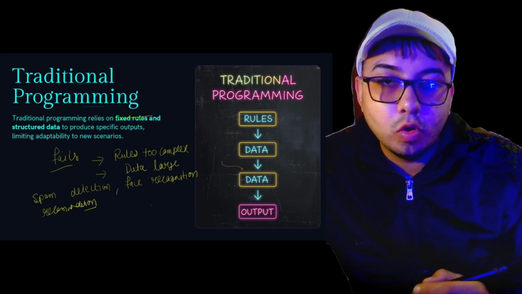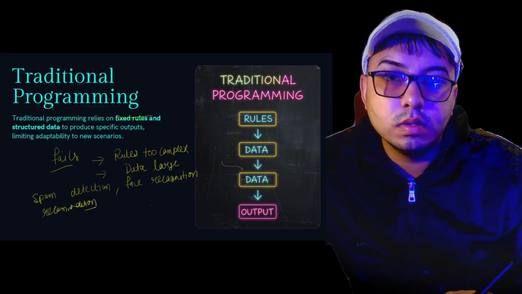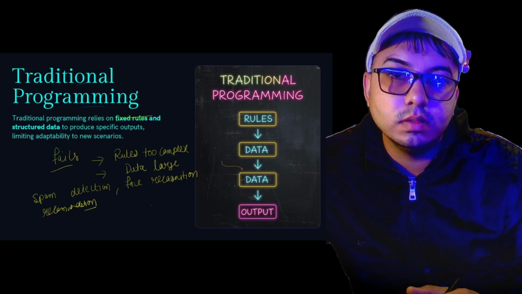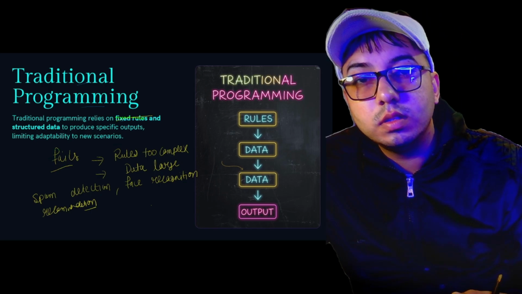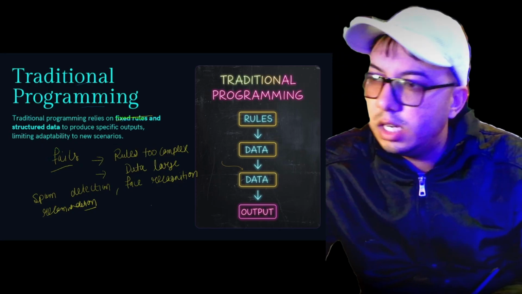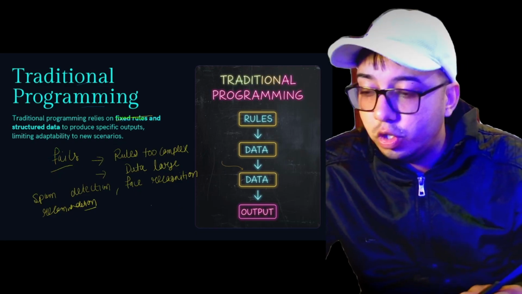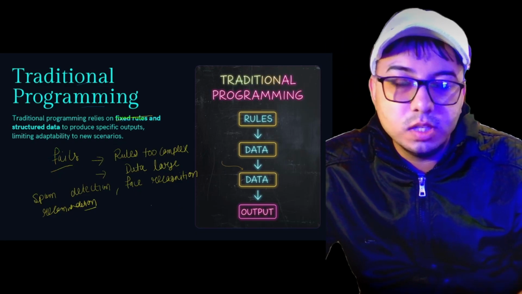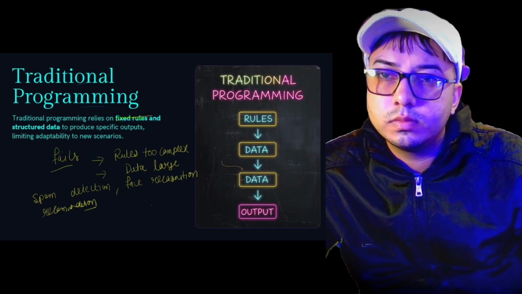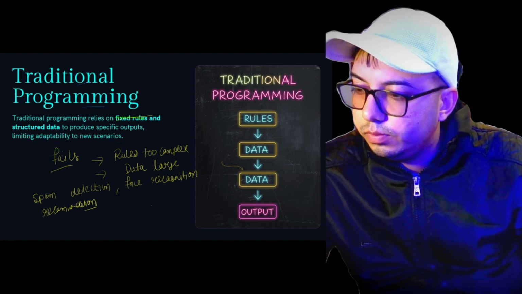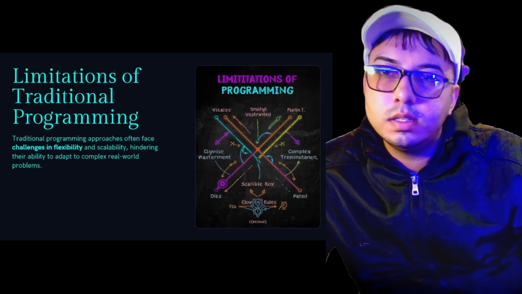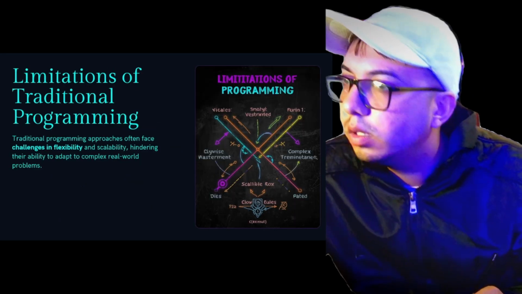So this is the drawback of traditional programming that we used previously, like C programming, Java programming, Python. We cannot work manually with this data. All right, so that's why we need machine learning. So let's see what are the limitations of traditional programming.